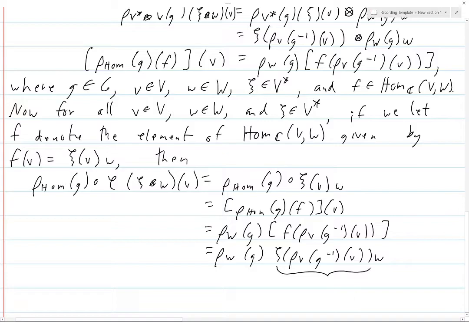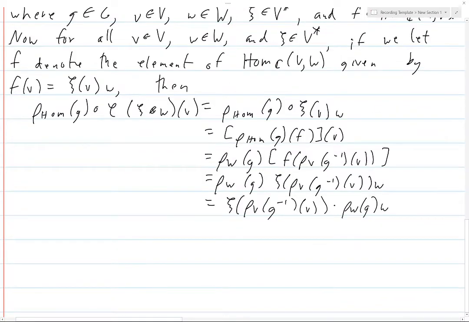And so this constant, we can just pull it out front. So this is just the constant xi of rho V of G inverse V times whatever rho W of G of W is.